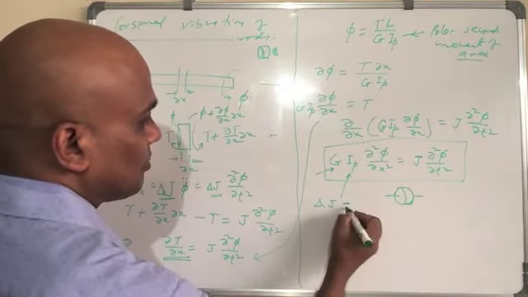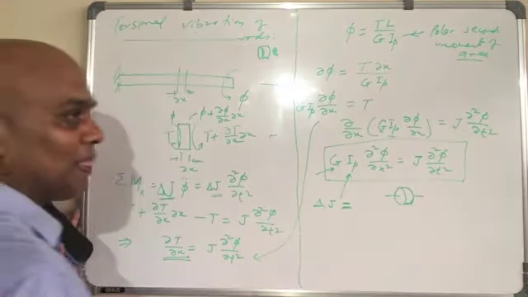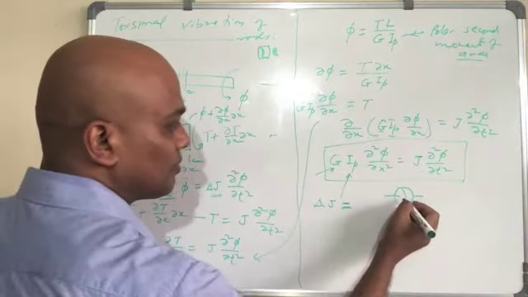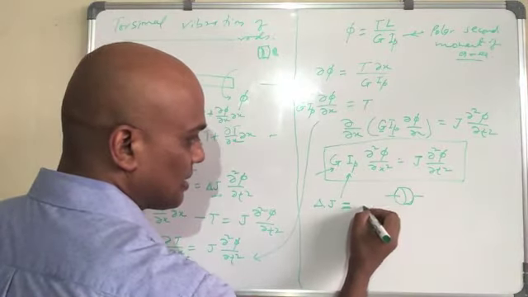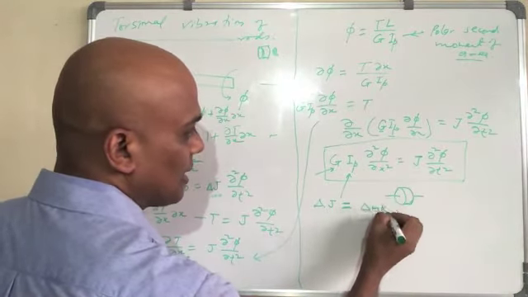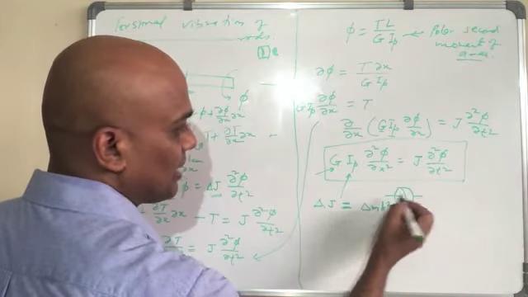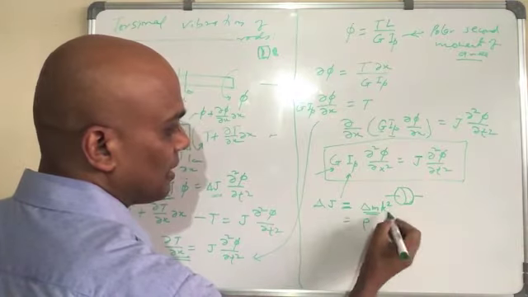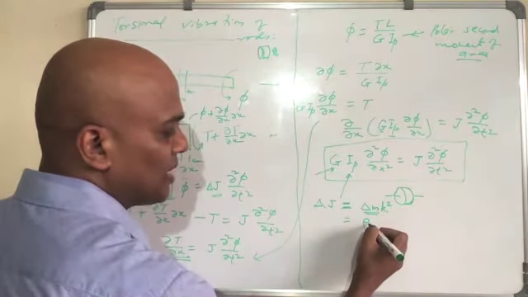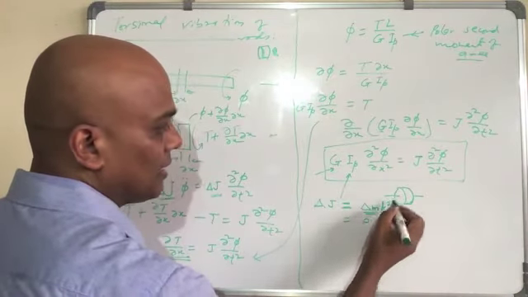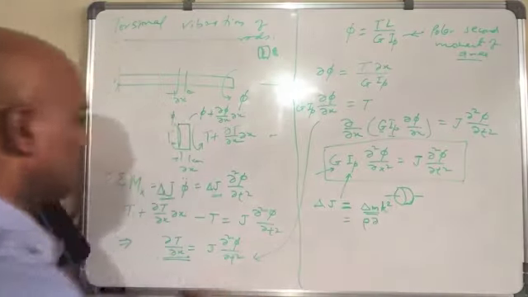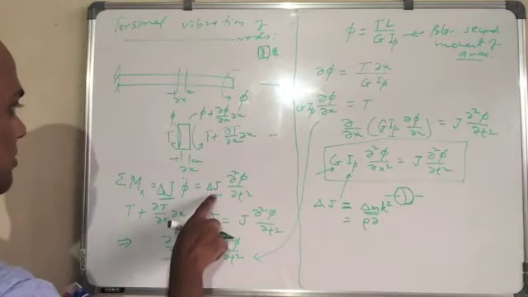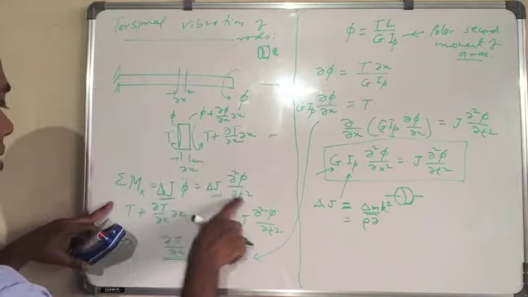This will be equal to mass times radius of gyration squared, where mass will be rho, which is the mass per unit length, and then a del x term will be there.